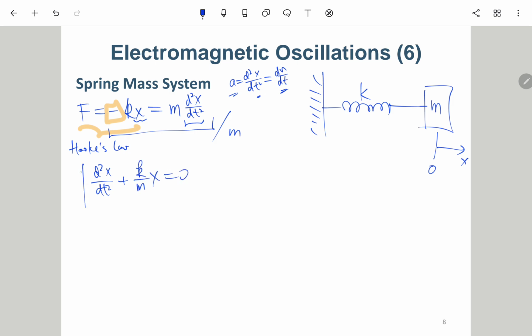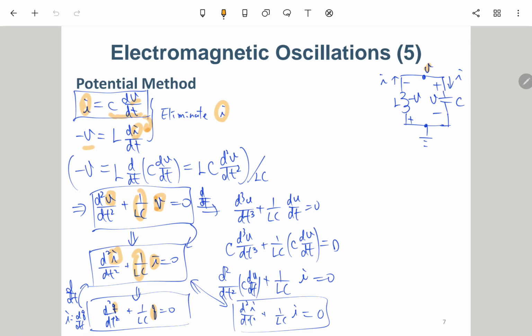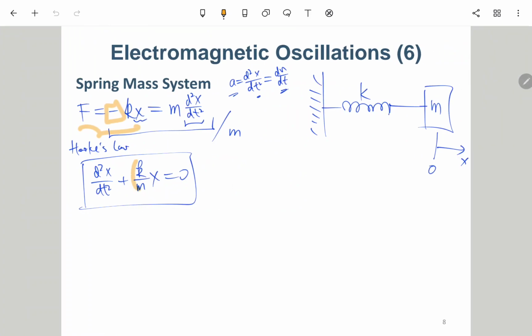So this is also a second order constant coefficient ODE. The only difference between this one and the LC oscillation is that we have 1 over LC there, and here we have k over m.